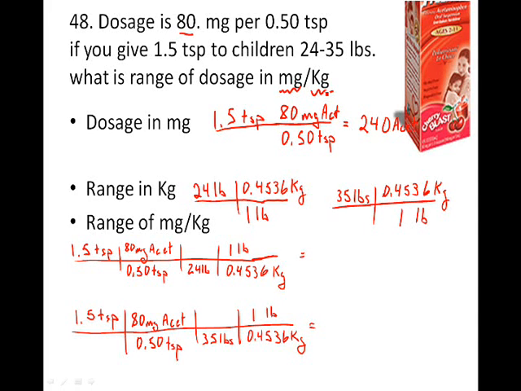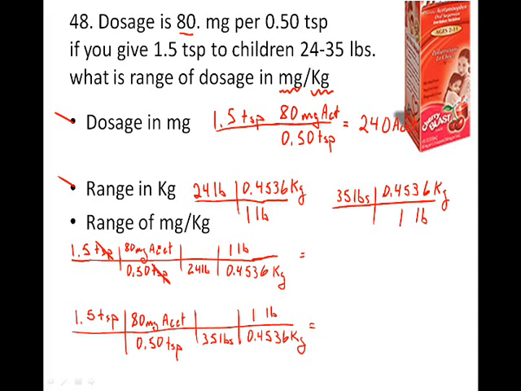So we'll want to be sure that our units come out in milligrams per kilogram. I started this in a couple steps here, but actually the entire answer is encompassed here. Here's our 1.5 teaspoons. Here's our dosage that was on the bottle, 80 milligrams of acetaminophen for half a teaspoon. And here's the weight of our child, 24 pounds.